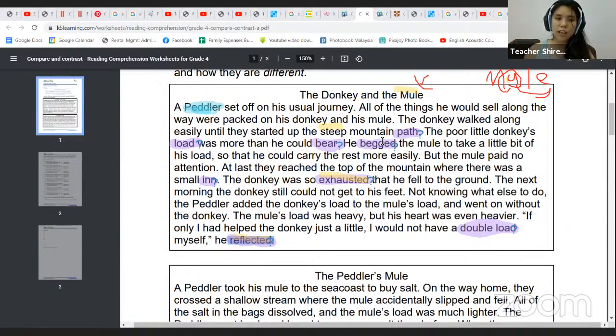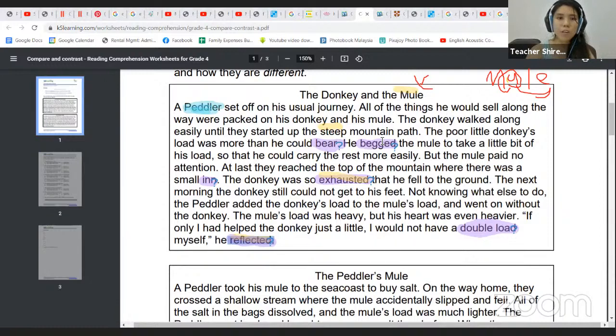Load is 重量, like overloaded, 太多东西. Load is like bullet loading. It can be gun loading, it can be your computer loading, it can be loading some things into your bag. That is load, 放进去的意思. Okay? Load. So that he could carry the rest more easily.